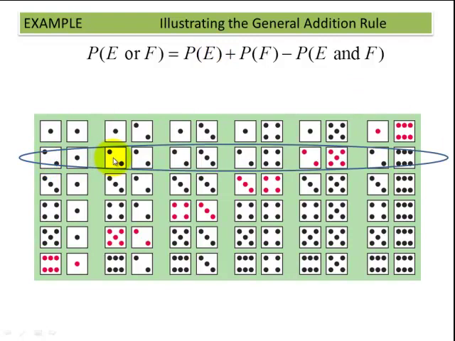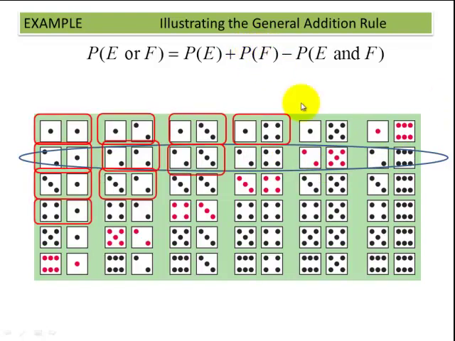So each of these outcomes is event E, 6 out of 36. Event F we're going to denote by red, and each of these outcomes is an outcome for event F. The sum is less than or equal to 5. And these three events are both blue and red at the same time, so that's 3 out of 36.